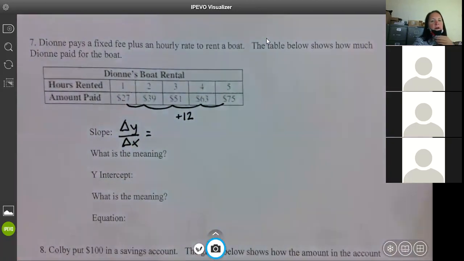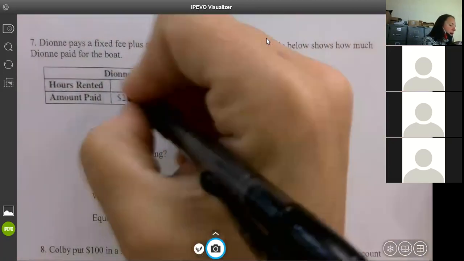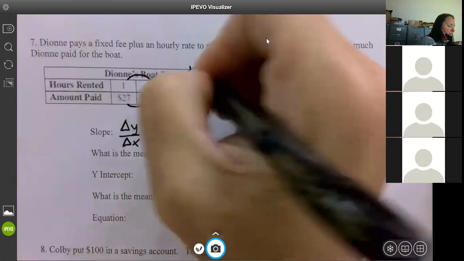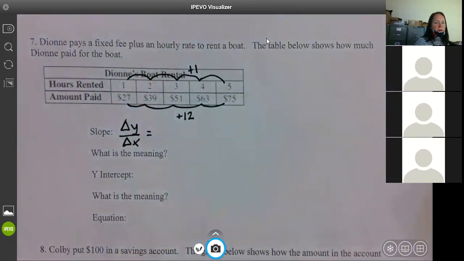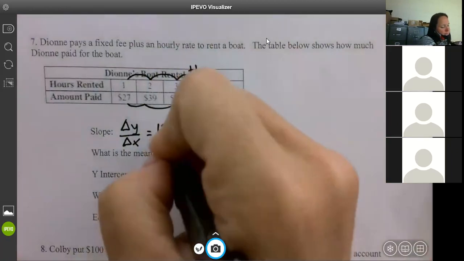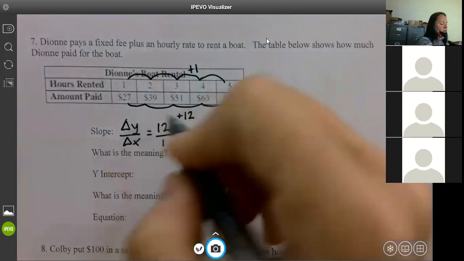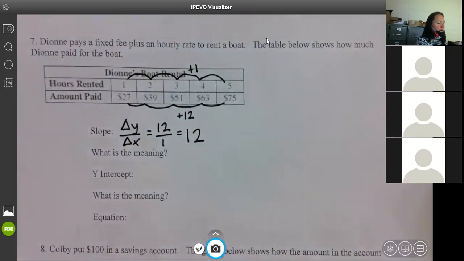We said add 12. If you look at the top, your change in x is a +1. So y over x is 12 over 1 or just 12.